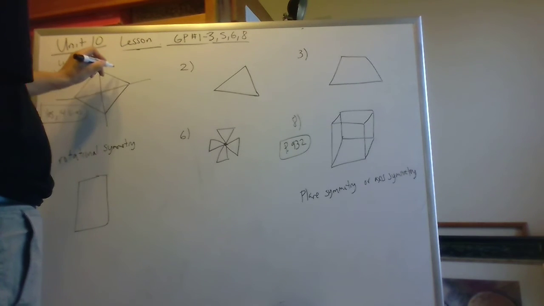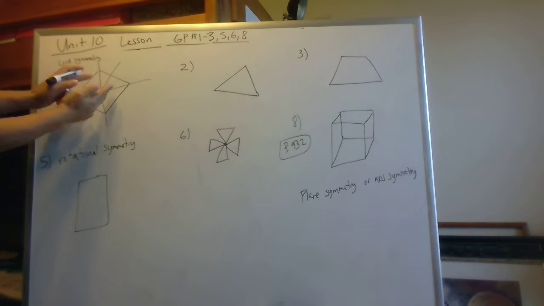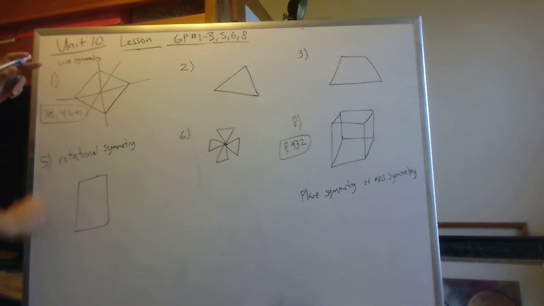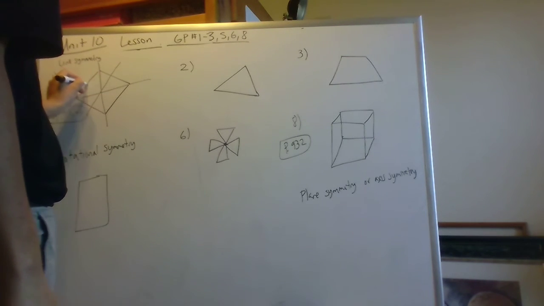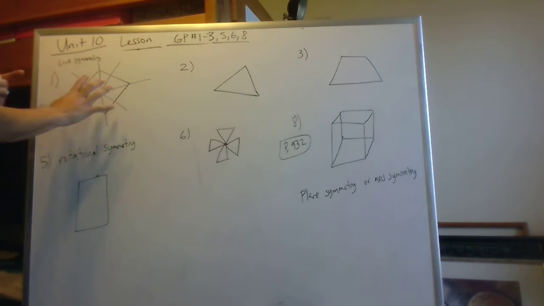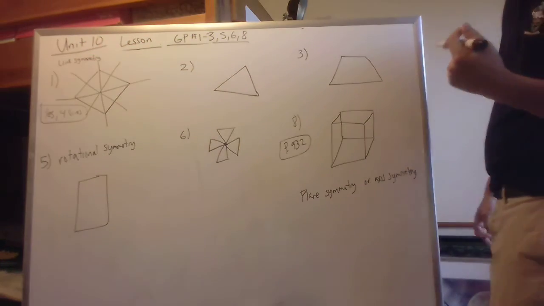And then also we can draw a line going like this, and it creates two halves that are equal right here. And then lastly, we can do the same thing from the other side where we have two halves that are equal. So basically, that's what a line of symmetry means: if we draw a line through the shape, do we have two equal sides that are like a reflection of one another? So for this example, number 1, it's yes, and how many is 4.